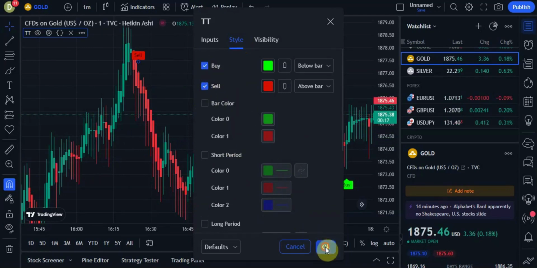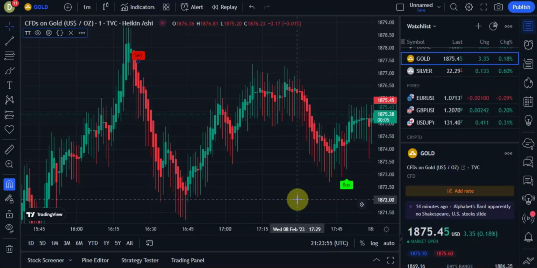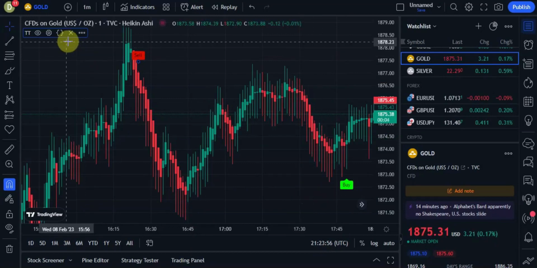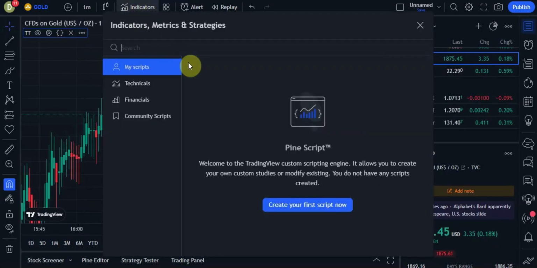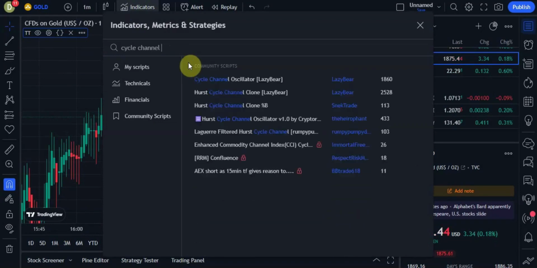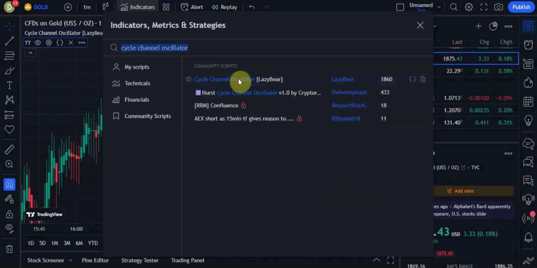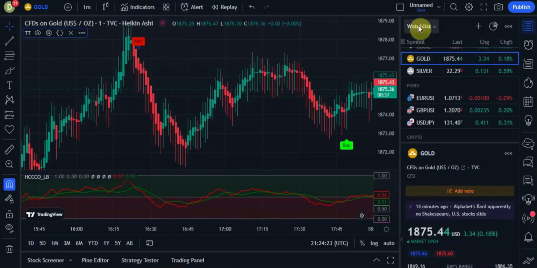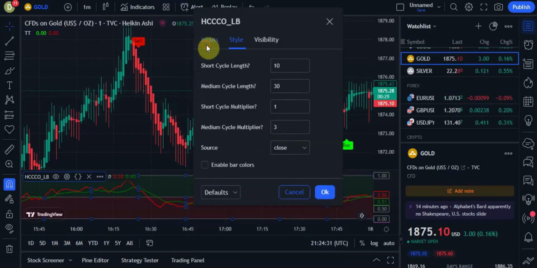And then hit OK. And now our second indicator will be Cycle Channel Oscillator. Let's go ahead and search for that one. And here's the one we want by Lazy Bear. And we're just going to make one quick change. Let's go to Settings, Inputs, and we're just going to change the short cycle length to 15.